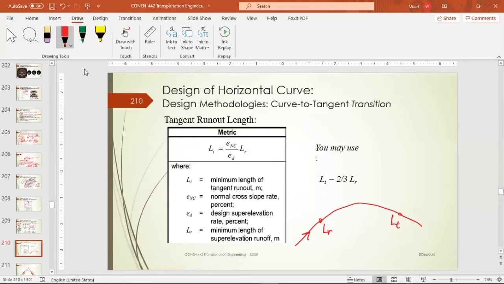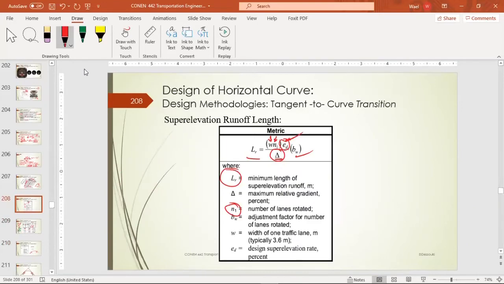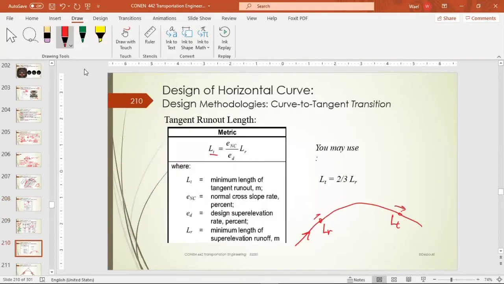Here it's running up for the super elevation, and here it's run out. So it's tangent run out, and the other one is called run off length. Basically, the length for the LT is 2/3 of LR.